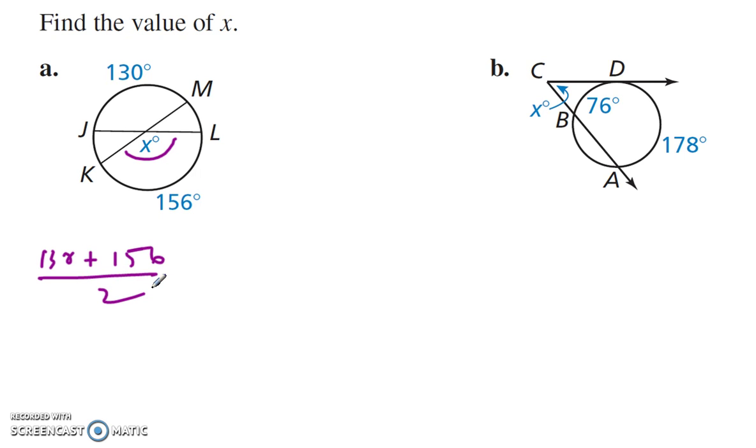Divide that by 2, and that gives me 143. If I'm outside, I have to find half the difference. So I'm going to take 178 minus 76 and divide that by 2. And that is 51.